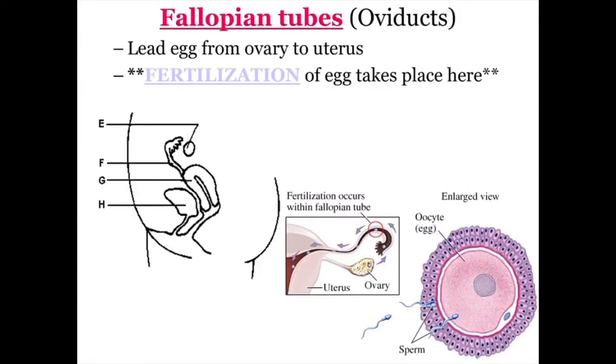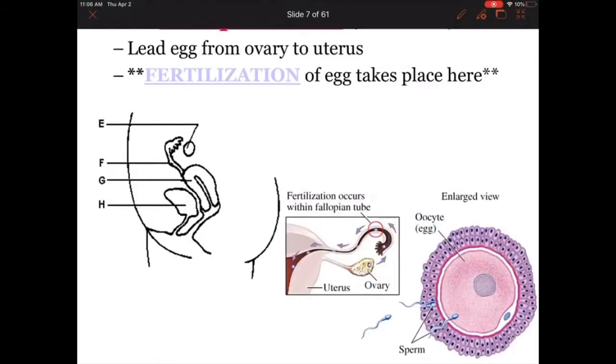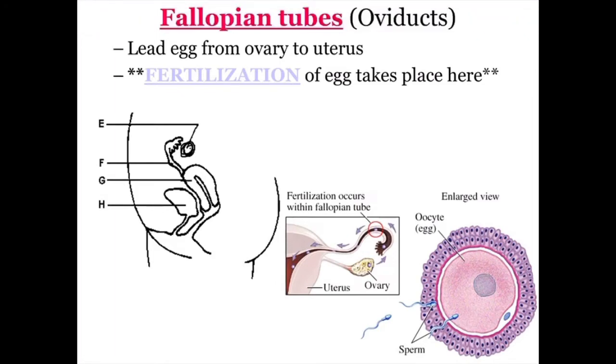As an egg develops and matures in the ovary, it will be released about halfway through the menstrual cycle in a process known as ovulation.